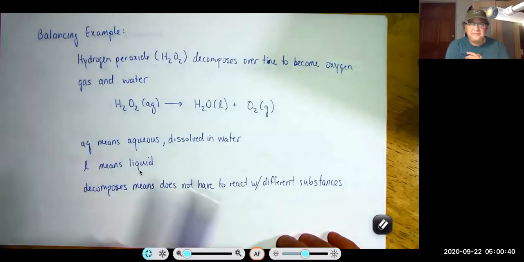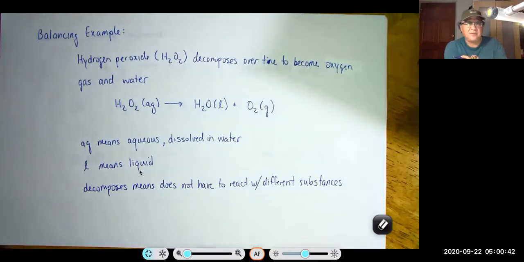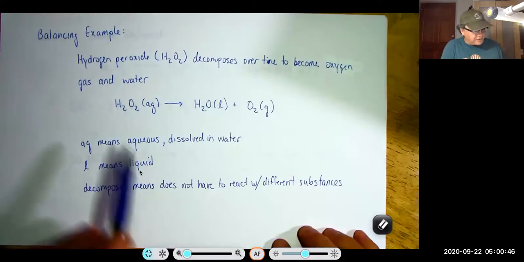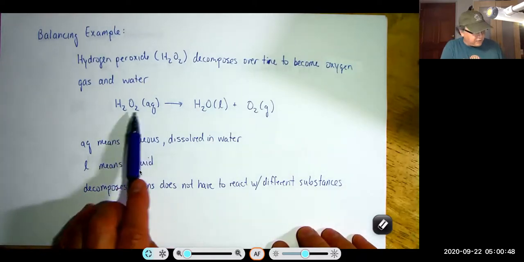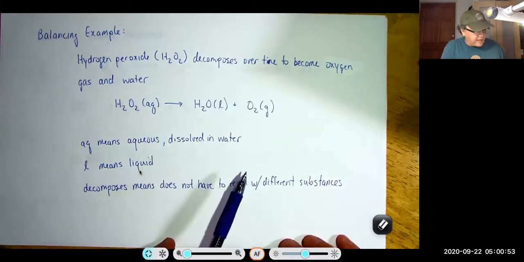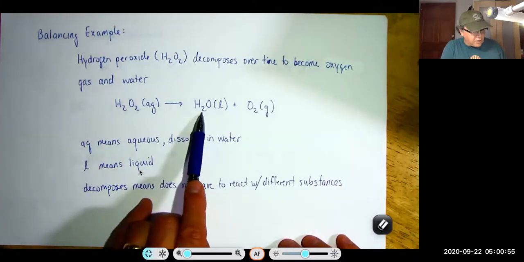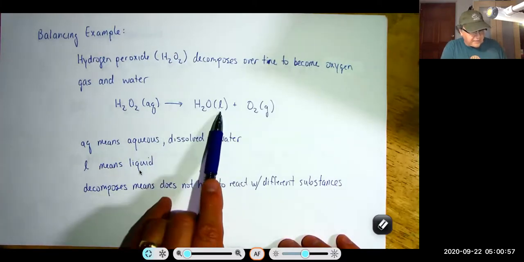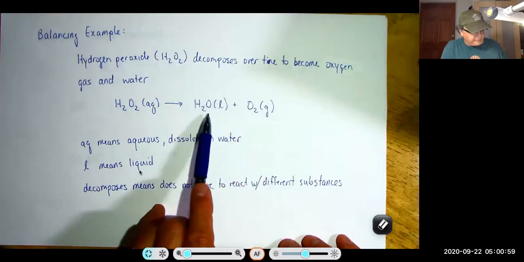Hydrogen peroxide, H2O2, decomposes over time to become oxygen gas and water. So here's the reaction. Hydrogen peroxide, this AQ means aqueous or dissolved in water. And here, H2O L, that means liquid, and this means gas.